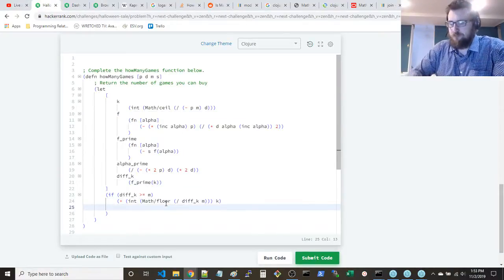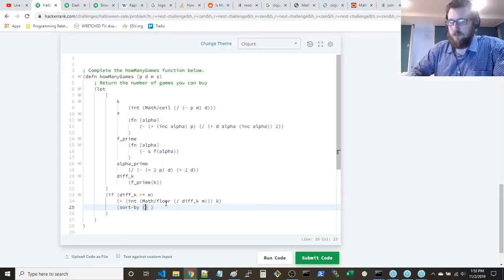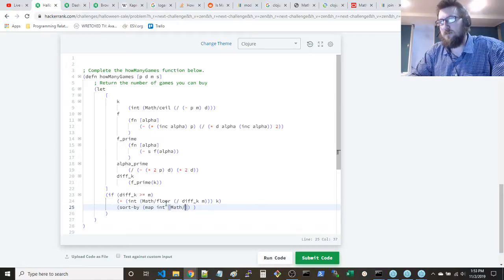We're going to say sort by of this collection. Or we can even do this. Map int to math floor of alpha prime and math ceiling of alpha prime.